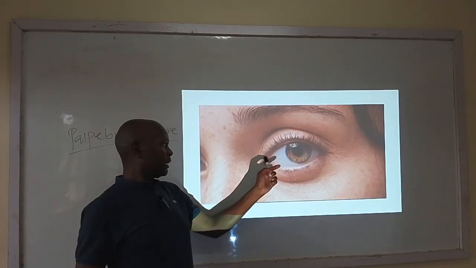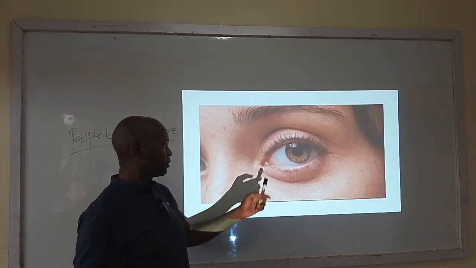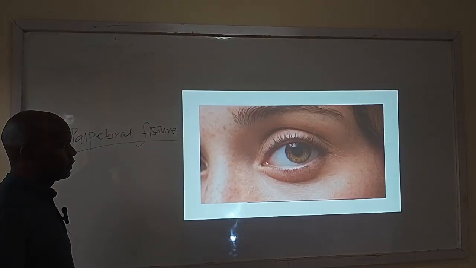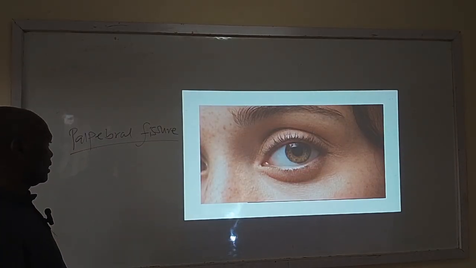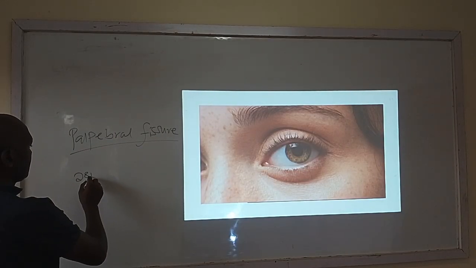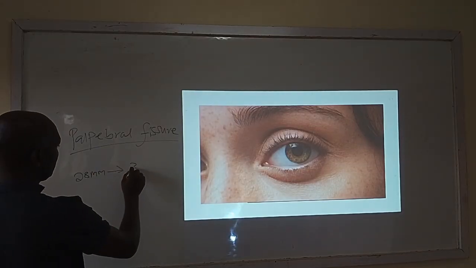The measurement of the palpebral fissure from lateral to medial aspect is about 28 millimeters to around 30.